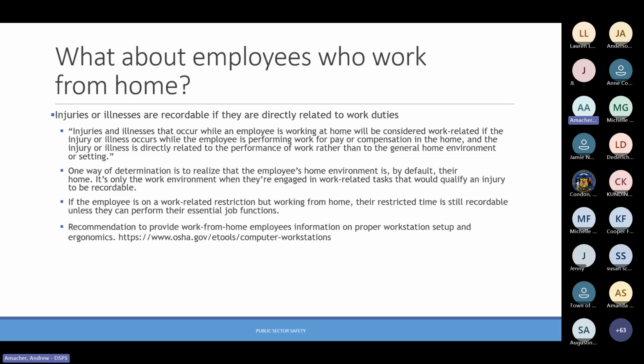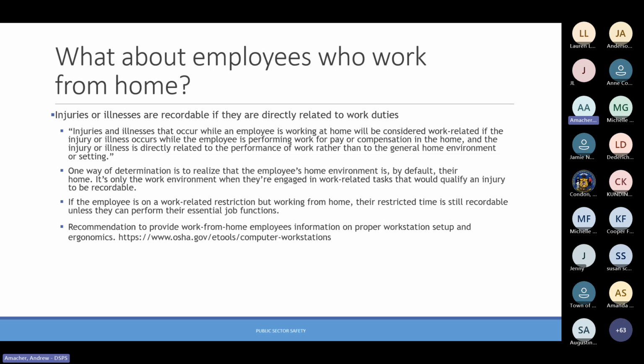Most of the time, the scenarios I could see for a work-related injury from home would be related to ergonomics more than anything else about their setup. If they're not being provided proper ergonomics training or workstation setup as you would in the office, that's where I could see something coming in from a home situation.